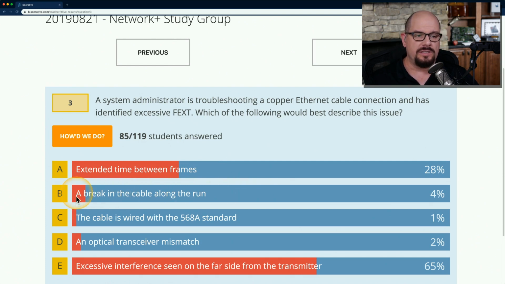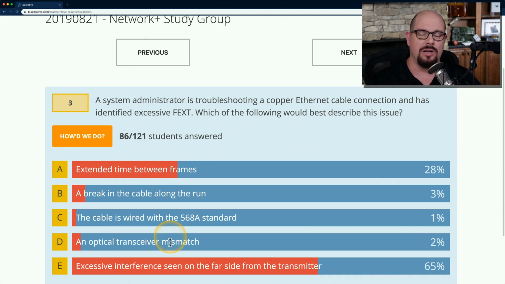4% said a break in the cable. That is not crosstalk. There's no crosstalk there. You break the cable, there's nobody talking to anybody, so not your issue. Cable wired with a 568A standard is just a cable that is wired with the 568A standard. It doesn't really have a name other than you patched a cable properly. And an optical transceiver mismatch, which can certainly be an issue, but that is not crosstalk.